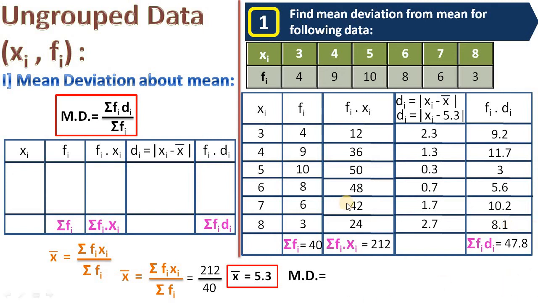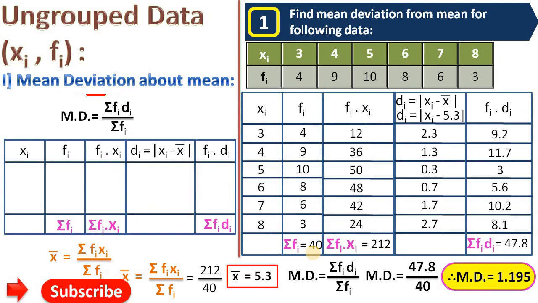Sum of the last column, summation fi di, divided by the sum of frequencies, summation fi. So let's put the values. Mean deviation equals summation fi di, 47.8, divided by summation fi, 40, and by using a calculator we get the value of mean deviation as 1.195. So I hope you understood how to find the mean deviation from mean for ungrouped data.